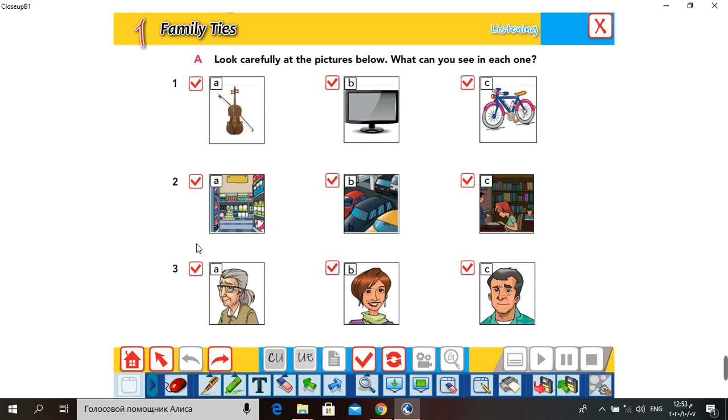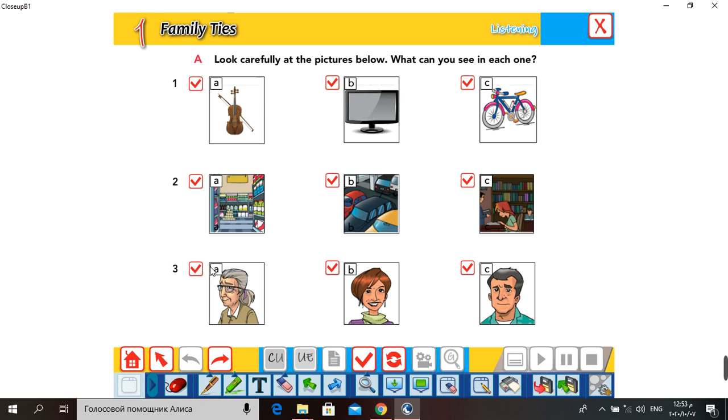If I ask you a question with who, which set of pictures will you choose? And if I ask you a question with where, which set of pictures will you choose? And if I ask you a question with how, which set of pictures will you choose? Pause, think, and then check your answer.